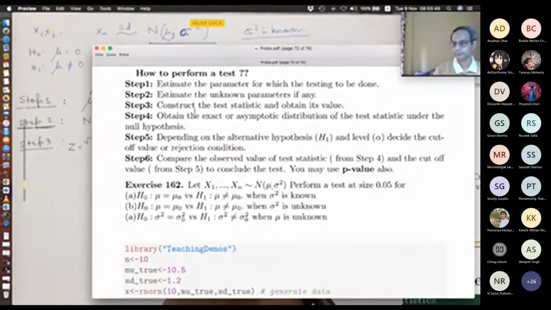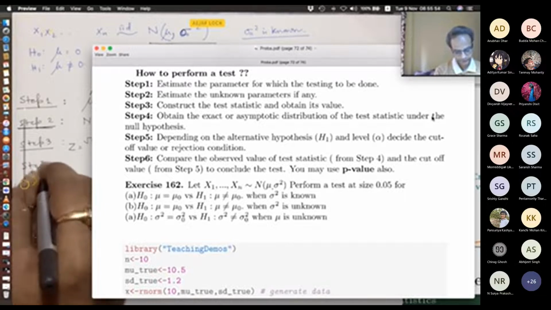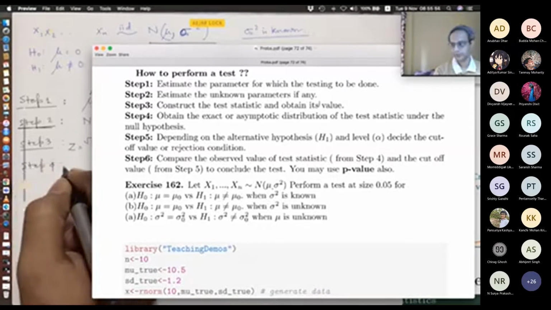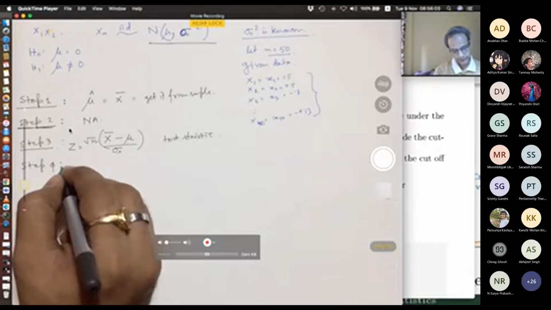Now, obtain the exact or asymptotic distribution of the test statistic under the null hypothesis. So here, step 4. Root n times x bar minus mu, under the null hypothesis.